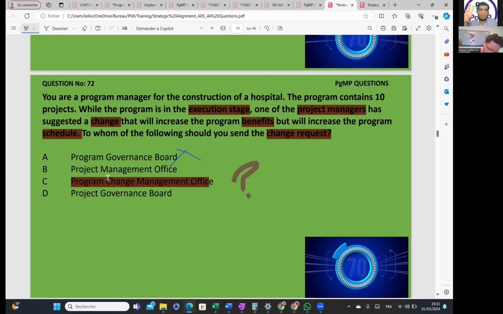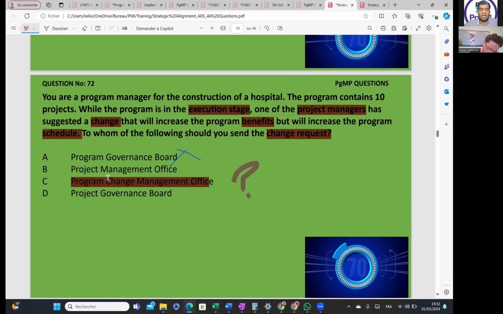The boards that we have are the governance board, which is equal to the steering committee. Governance board and steering committee are the same thing. The other that we have is a change control board. This is what will look into your change request whenever you make a change request.